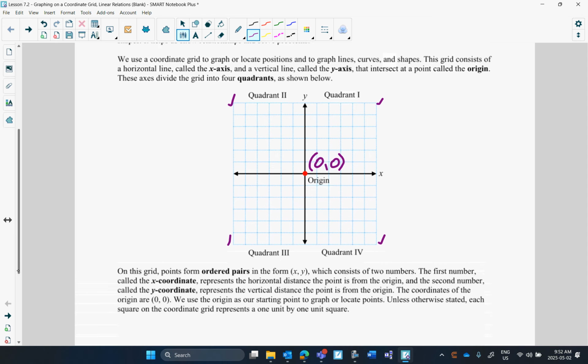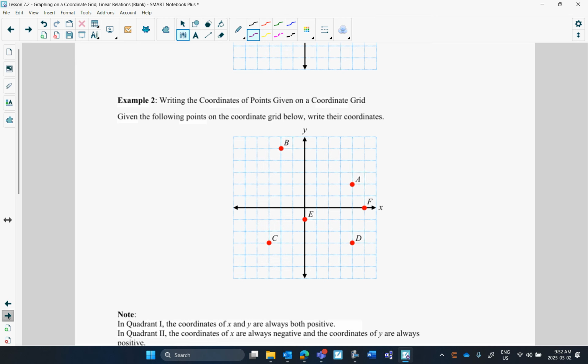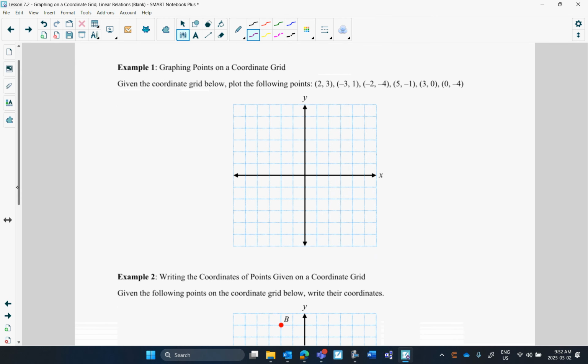So now that you have an idea of that, let's plot some points. And what I'm going to do to save myself a little time so I don't have to write the numbers at each point, I'm just going to call them all capital letters.